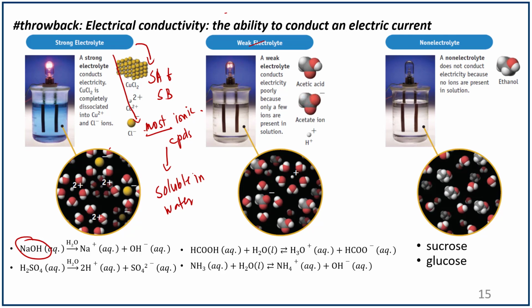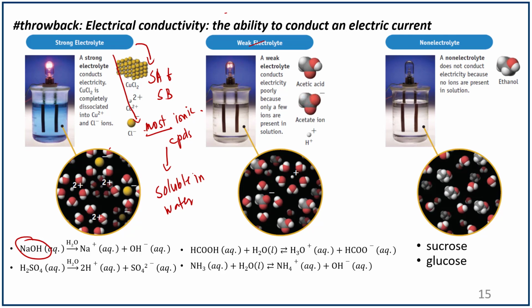That's what strong electrolyte means. The compound, whether it's a strong acid, a strong base, or a soluble ionic compound, completely breaks up into ions in solution. Once again, a strong electrolyte is a compound which completely dissociates into ions in solution.